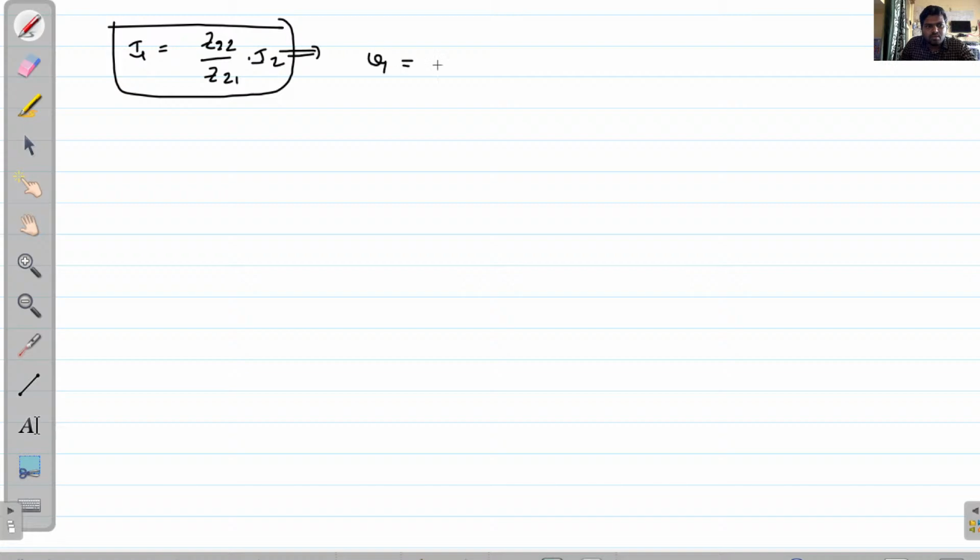Okay, so here I1 equals Z22 by Z21 into I2. So this is your I1 value. Now you can substitute this in V1 equals Z11 I1 minus Z12 I2.